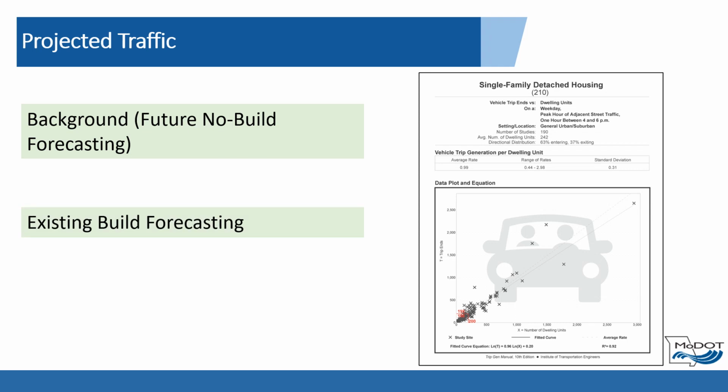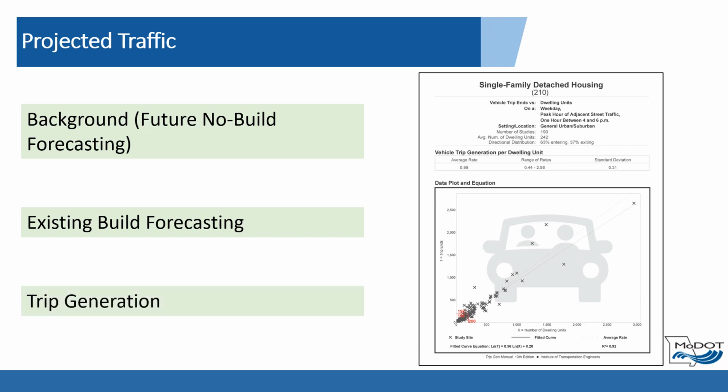The existing build forecasting subsection evaluates how much traffic would be on the transportation network, assuming the proposed development fully opened tomorrow. This section and the following subsections are meant to walk through the analyst's process for developing the traffic projections for the development.